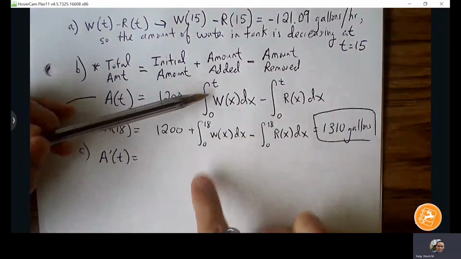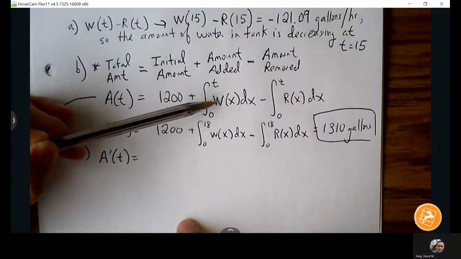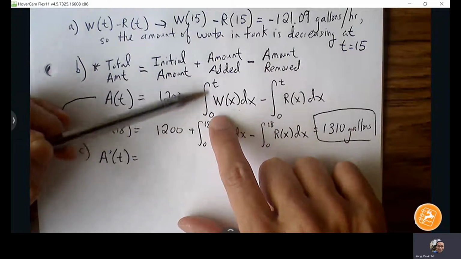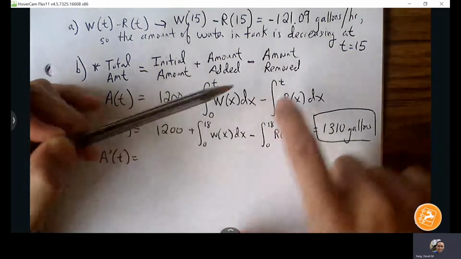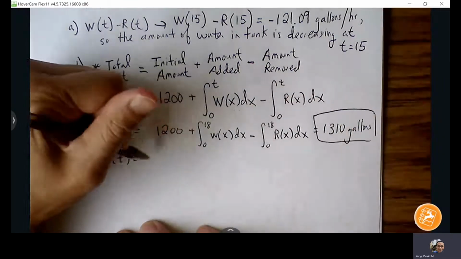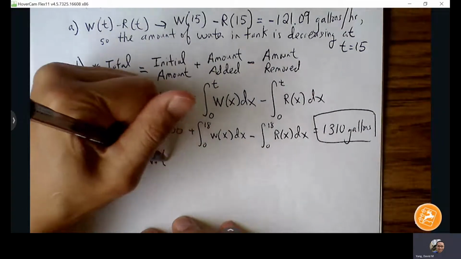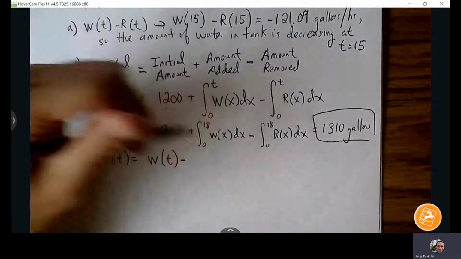If we find the derivative of this expression, it cancels out and I'm just left with W of t. The derivative wipes this integral notation out, and along the way it just reinserts the variable. So 0 for 1200, the integral will come down to W's level, and the integral of R will come down to R's level.